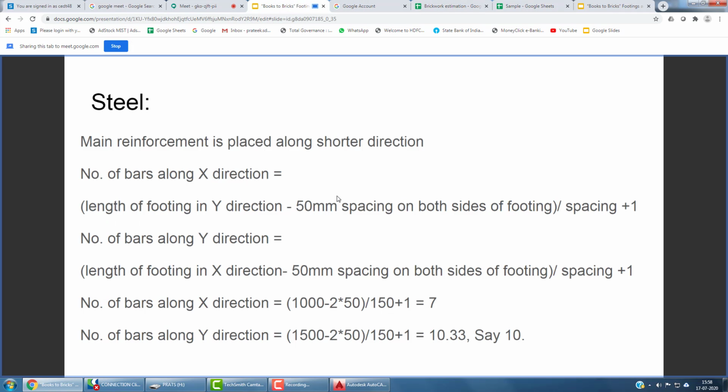Yes, is it clear, guys? Number of bars in x direction. Okay. Now, number of bars in y direction is equal to dimension parallel to x direction, which is 1500 minus 2 times cover, divided by 150, plus 1, which gives me 10.33.